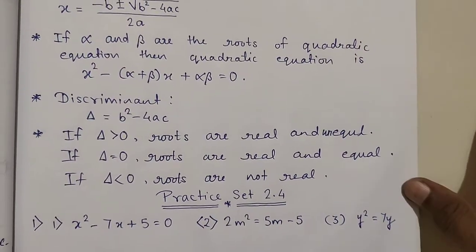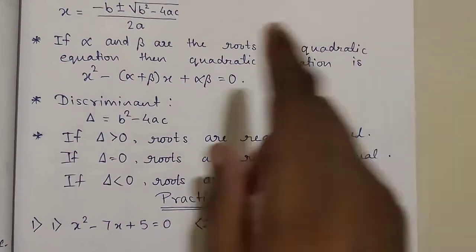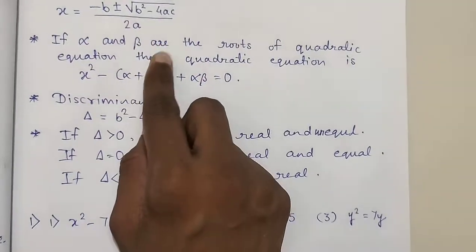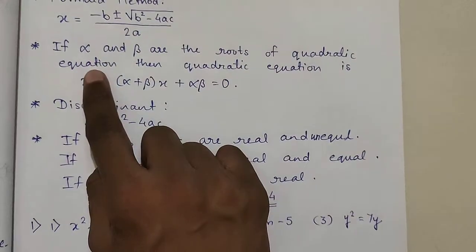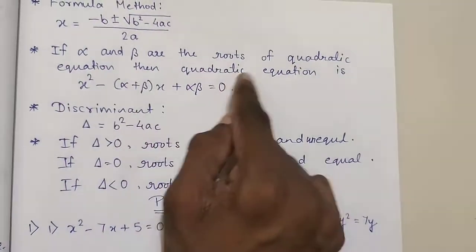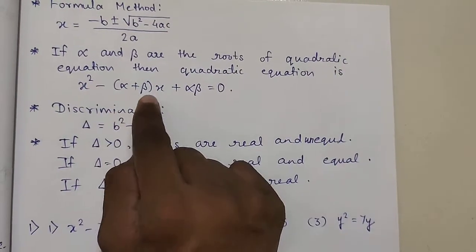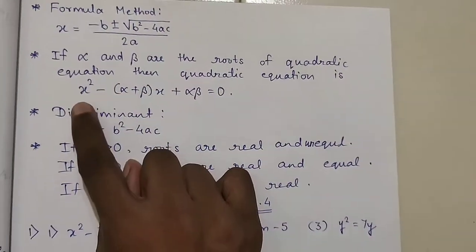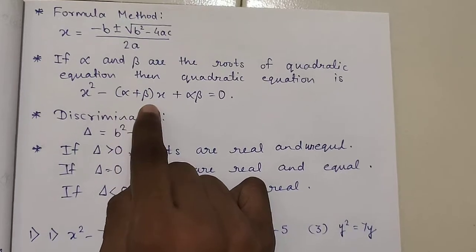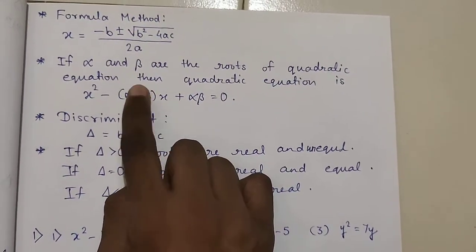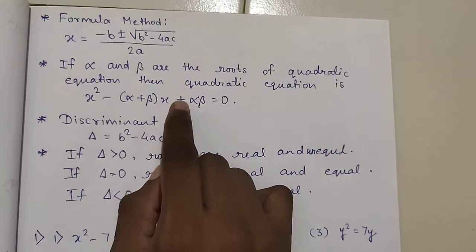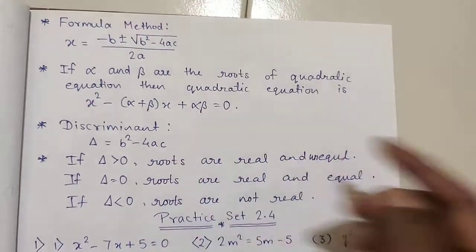Now let us see our second formula. If alpha and beta are the roots of a quadratic equation, then your quadratic equation is given by x square minus bracket alpha plus beta, that is sum of the roots, into x plus alpha beta equals 0.